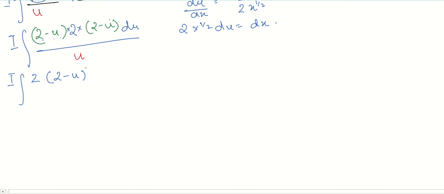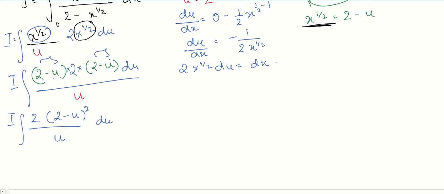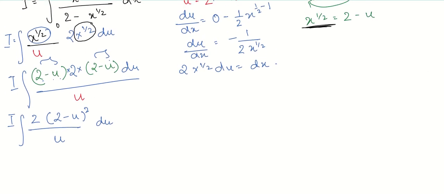We have a u over here, so I'm just going to directly write u over here, and you have du. Okay, so basically whatever is inside the integral, we got it in the right form. Now we just need to find the limits.